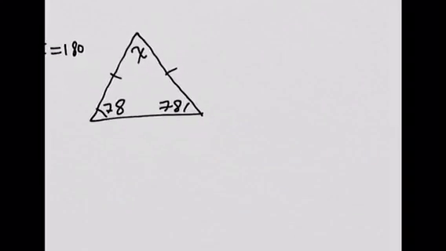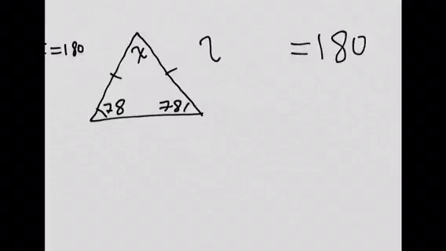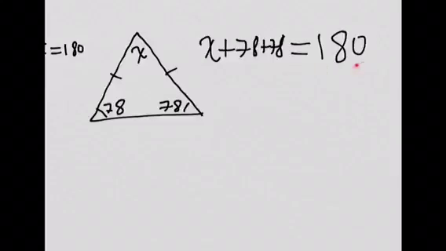So what we'll do is, I know that the sum of the angles is equal to 180. So we'll do X plus 78 plus 78 should give me 180. So now if I just combine everything, combine the two 78s, which gives me 156.